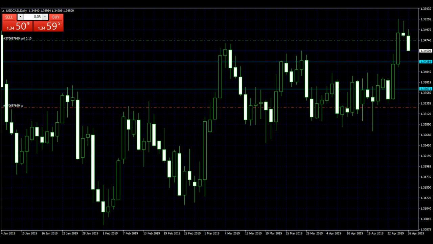Why this is showing a tick as a pip is because when the MetaTrader platform was coded, there were only 4 decimal points in price used to trade.